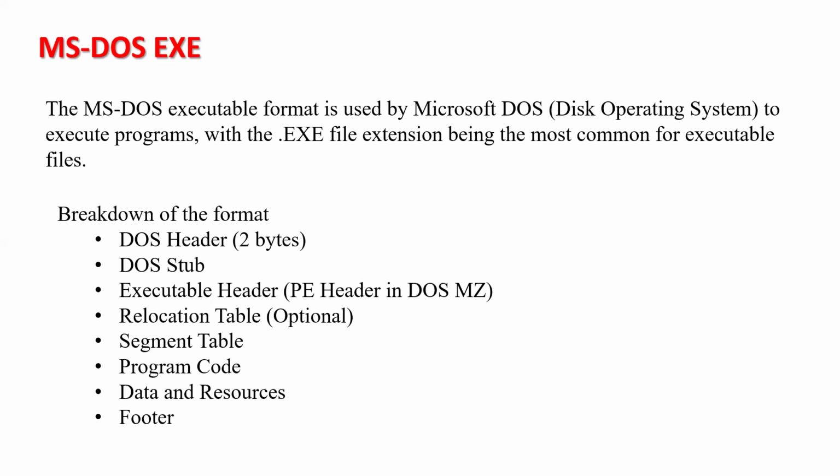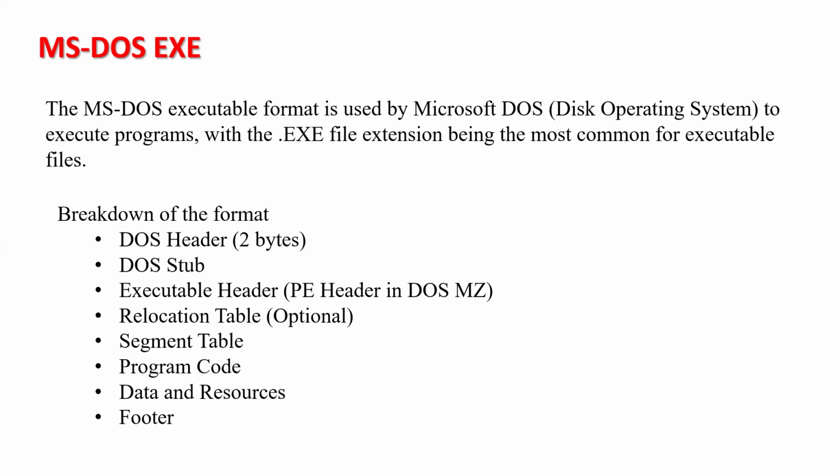This program code would be followed by data and resources. Now your program may contain embedded data or resources which may be needed during execution, for example, graphics, some fonts, probably configuration data.